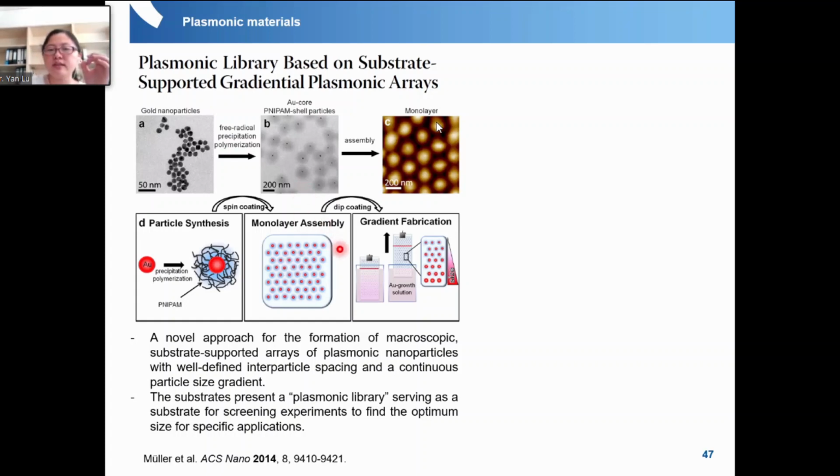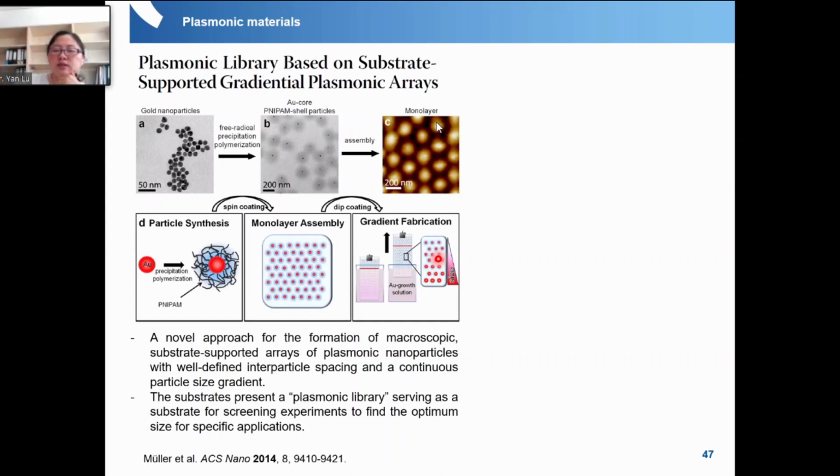So in one step, during the dip coating process, you pull the substrate out of the gold solution, and then you can form a kind of gradient of the gold particles, depending on how long it is pulled out from the gold solution.